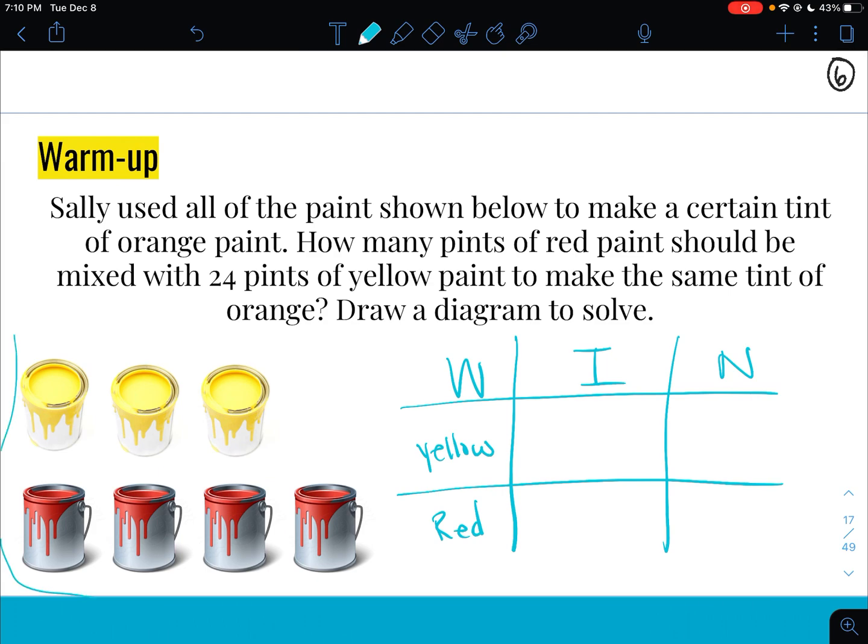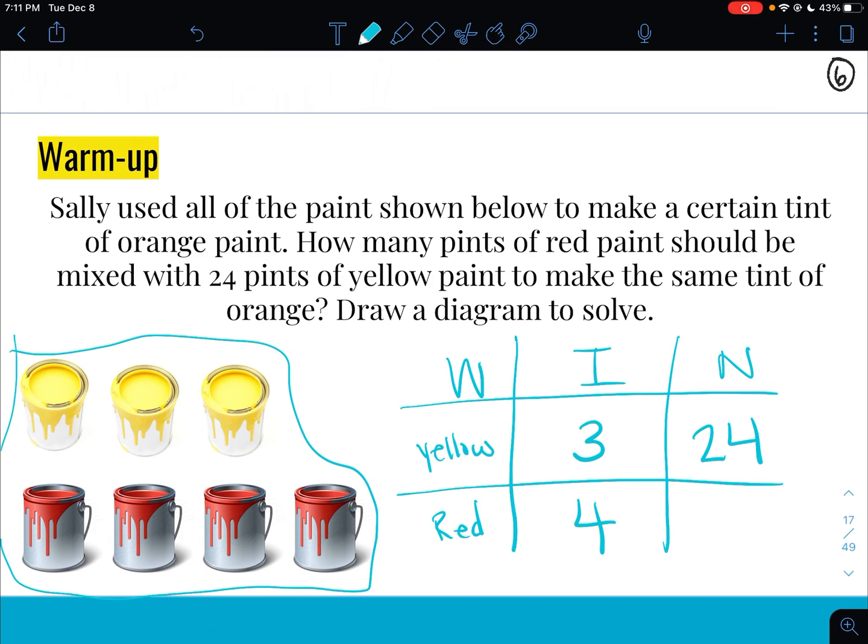We know that these paint buckets are used to make the orange tint. They used 3 yellow with 4 red. So the ratio of yellow to red is 3 to 4. And they're asking us to find how many red we need to use if we have 24 yellow paint buckets.